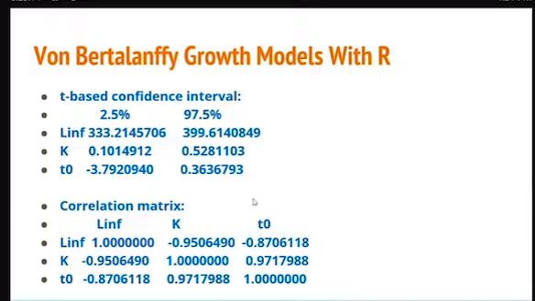Now, we're also going to have a correlation matrix. Let me tell you this. When you're talking about a growth model, it means you have a time component, right? When you have a time component, the assumption of independence does not hold anymore, which means there's going to be correlation. It means the parameters will be correlated.